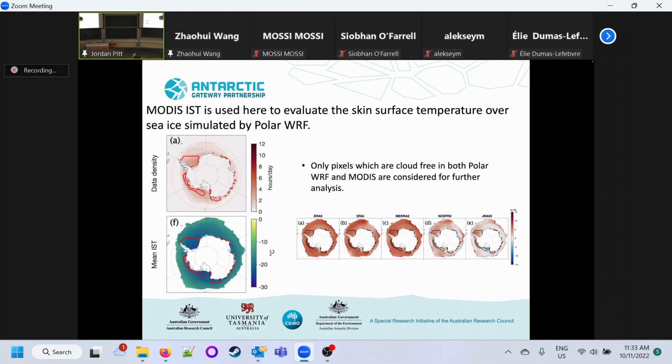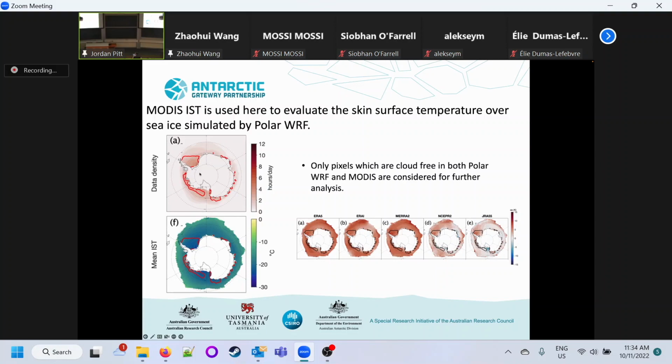So here we implement another ice surface temperature dataset, a satellite-derived ice surface temperature from MODIS, which is used to evaluate the skin temperature simulated by the Polar-WRF over the CS. The left figure shows the skin surface temperature measured by MODIS.